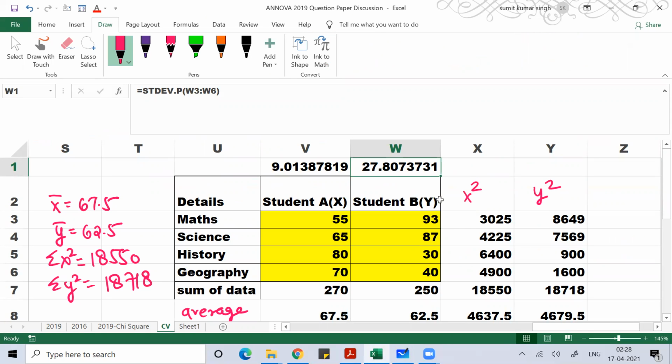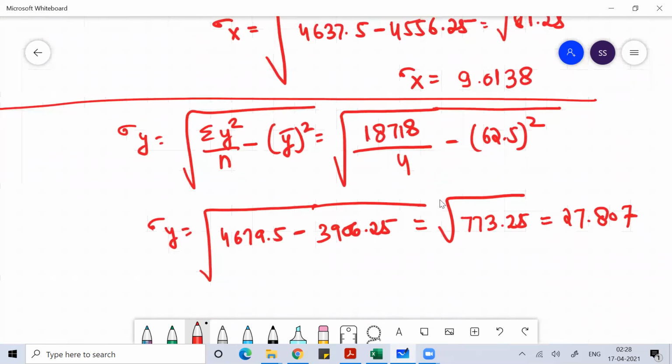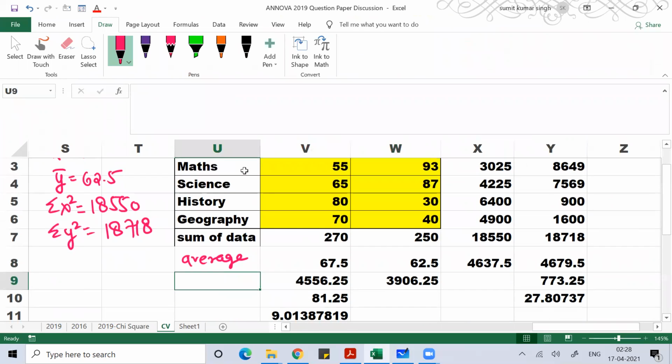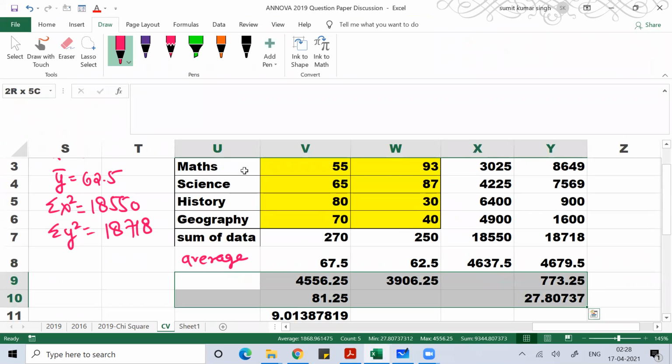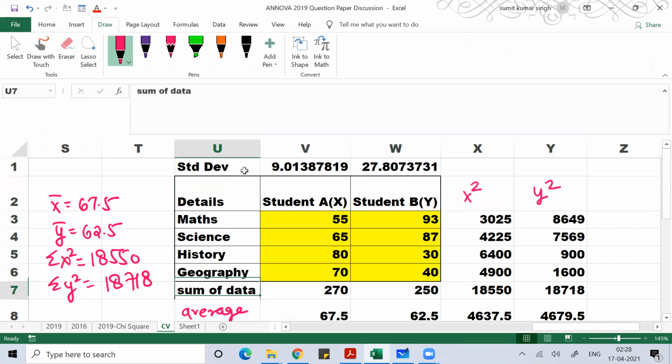Already you got the same answer. Either you can do it with the formula, or if you want you can get it directly also. So once you get the mean, you get the standard deviation.